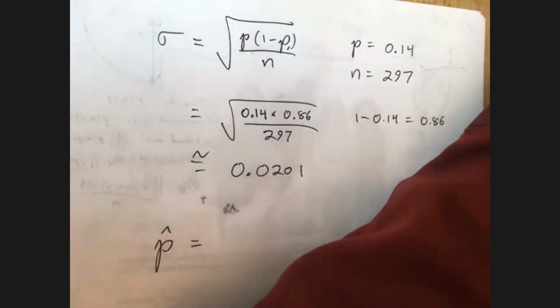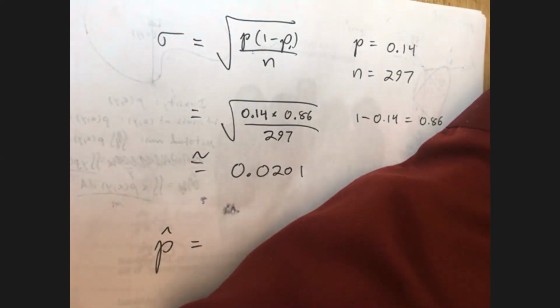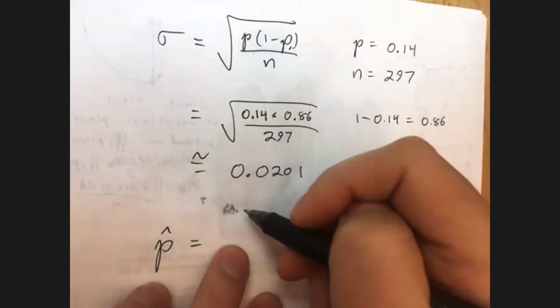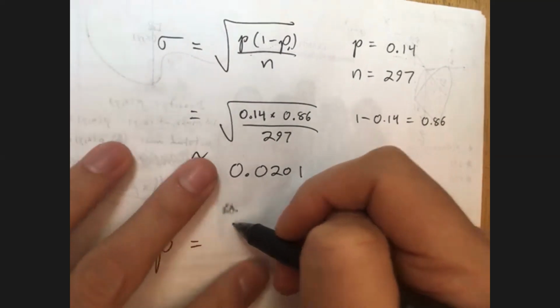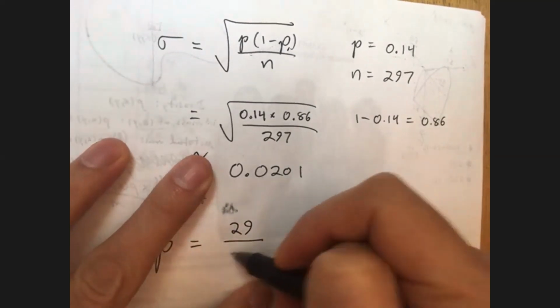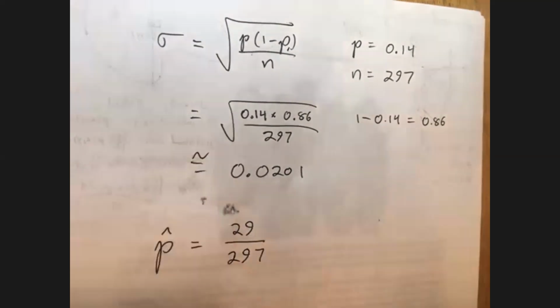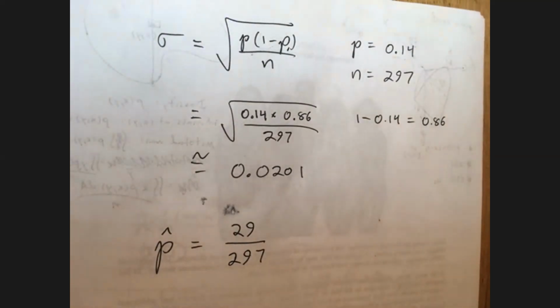I don't remember what the problem said. Let me take a peek here. Oh, we had 29 veterans observed. It was a question about the probability of getting less than 29 veterans. Well, then we have 29 over 297.